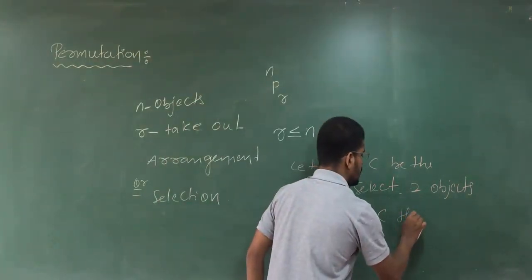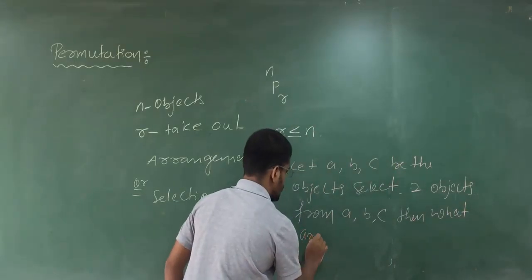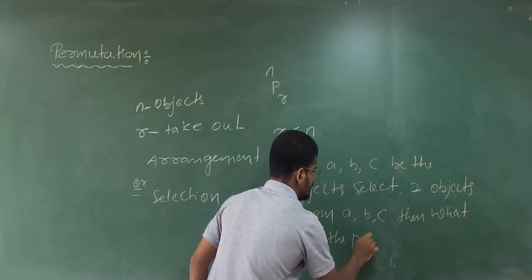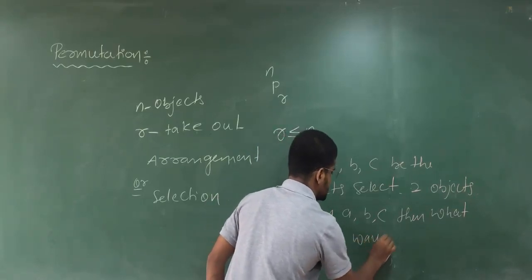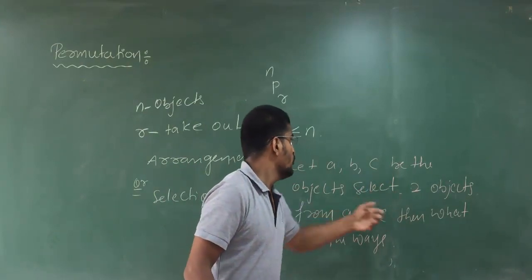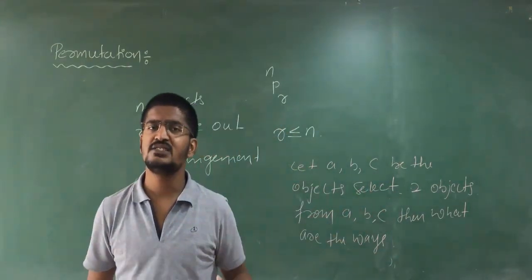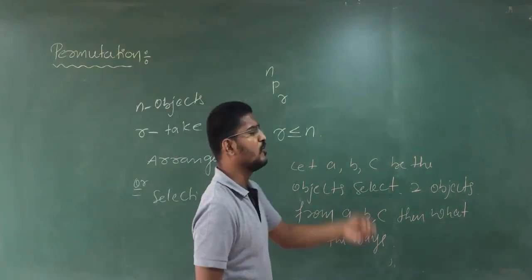Then what are the permutations, or what are the number of ways? What are the ways of selecting 2 from A, B, C? That is 3. Clear students? So here let A, B, C be the 3 objects.